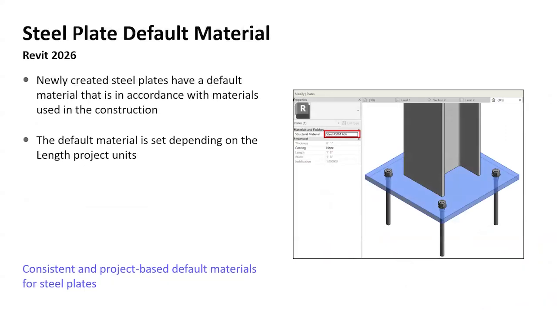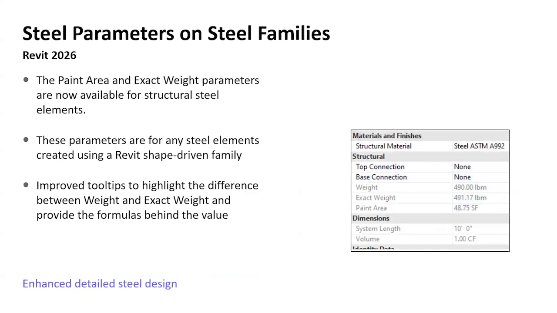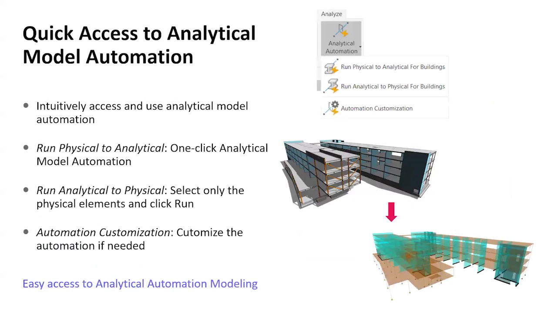There are also enhancements to steel plate default material. The paint area and exact weight parameters are now available for structural steel elements. So exact weight, paint area. Some improvements came in 2025.2.